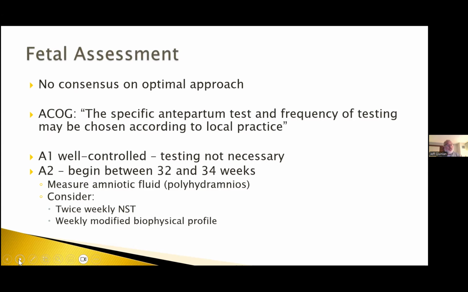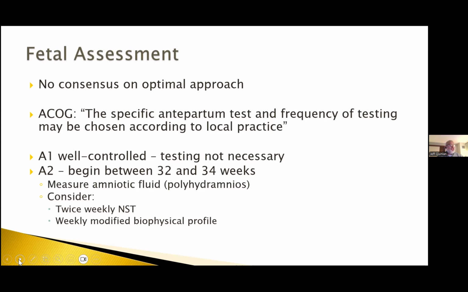The last thing we'll talk about here quickly is fetal assessment. Again, this is another area where there's really no consensus on the optimal approach. ACOG recommends that the specific antepartum testing and frequency of testing be chosen according to local practice.